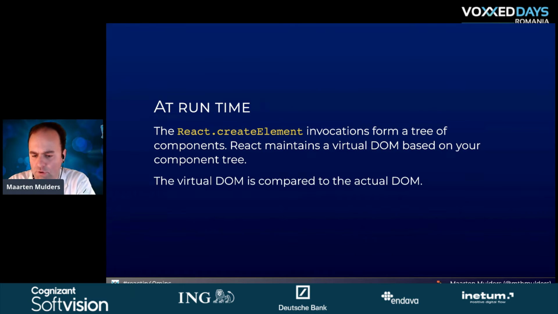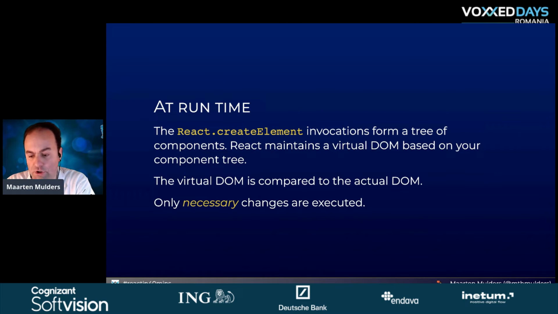And then React will start comparing that mental model of what the DOM should look like to the actual document object model. And wherever it sees a difference, it will execute operations on the actual DOM to make the actual DOM align with the virtual DOM. But the interesting part here is the fact that it only does the necessary things. So it is not going to rebuild the whole user interface every time something changes, only the things that changed compared to the previous render.